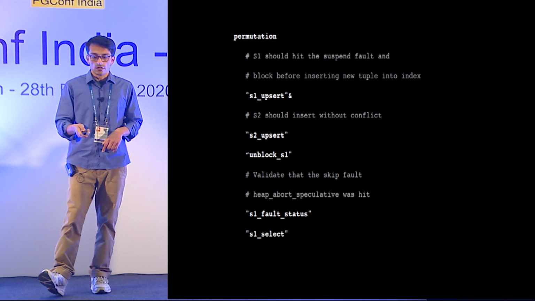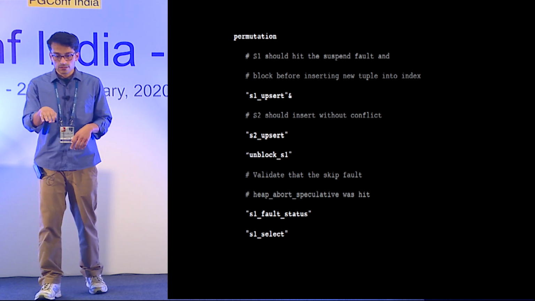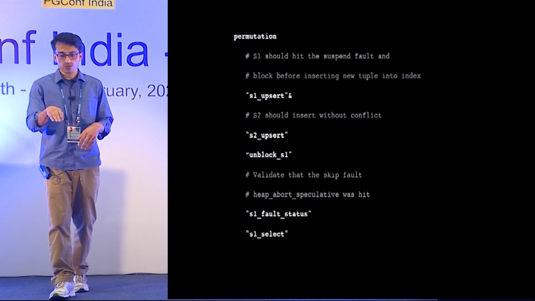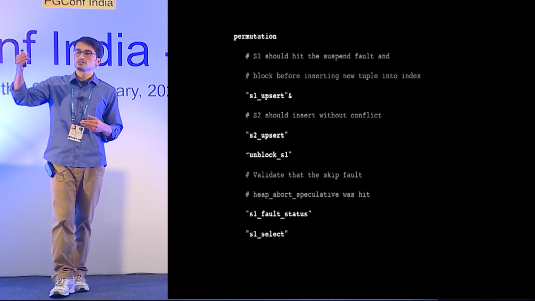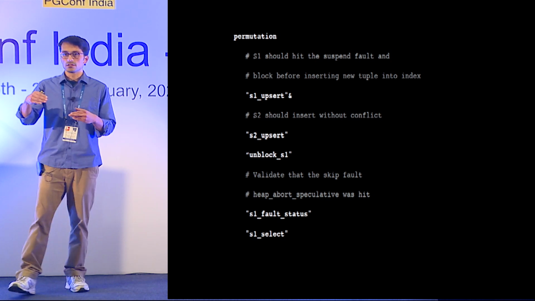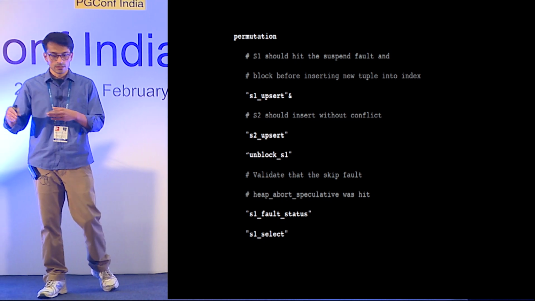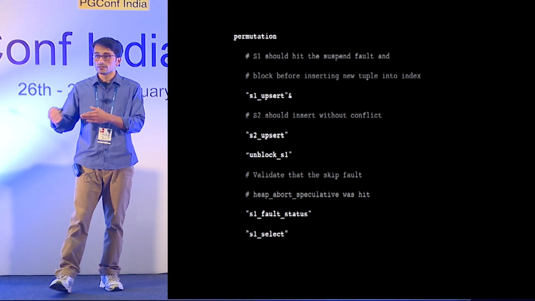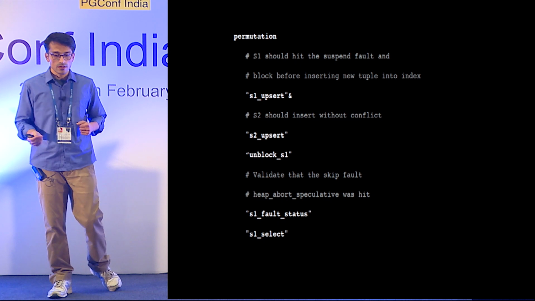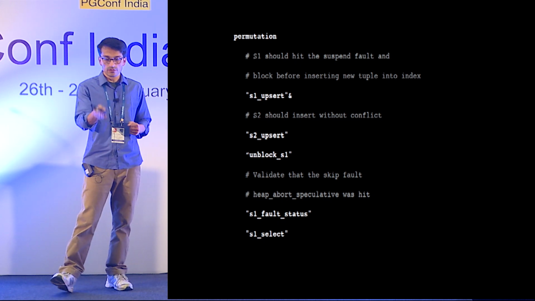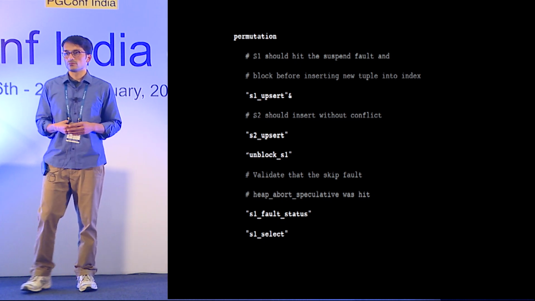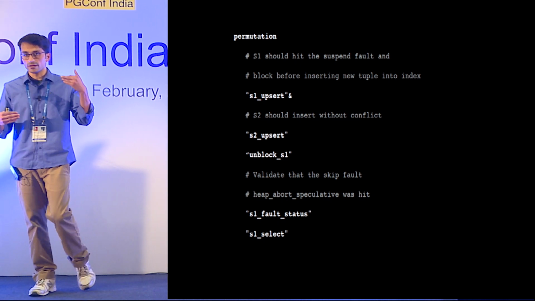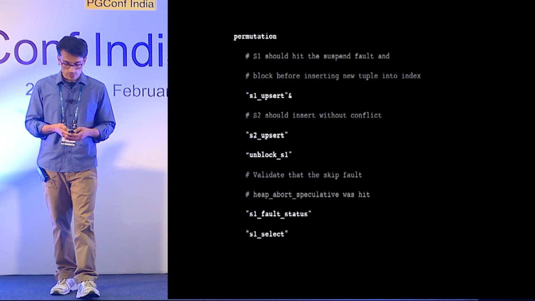And the last but one step, which is S1 fault status, allows us to validate that the speculative update, the conflict resolution step, was taken, and then we run a select to determine the correct results that finally ended up in the table.